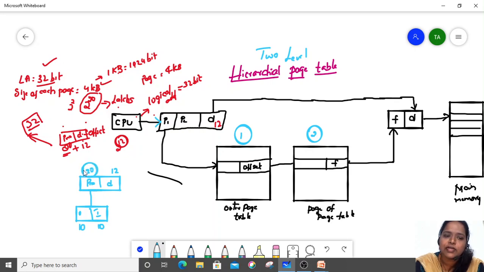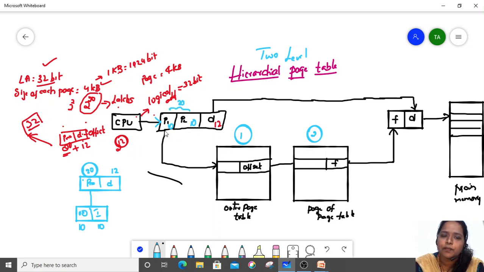So that burden we are going to lessen by dividing into 2, outer page table and inner page table. So see here, if the CPU generates a logical address, that logical address is going to have page 1, page 2 and the displacement. Here page 2 contains 10 pages and page 1 contains 10 pages. Totally we have 20.